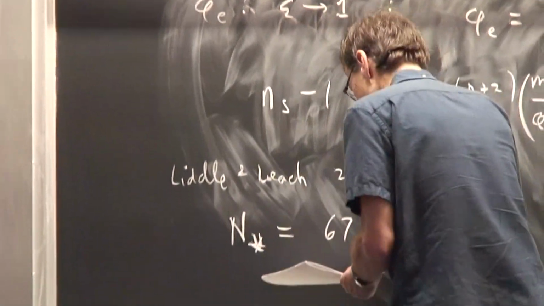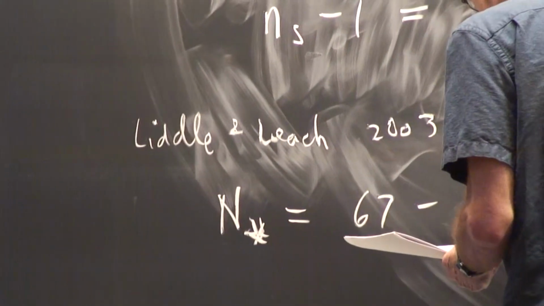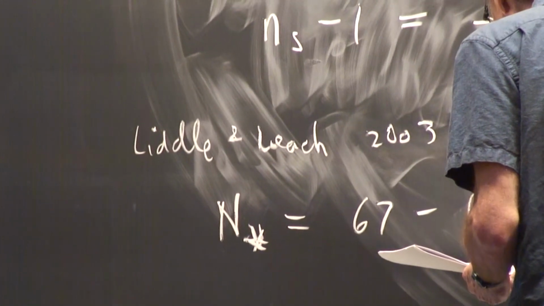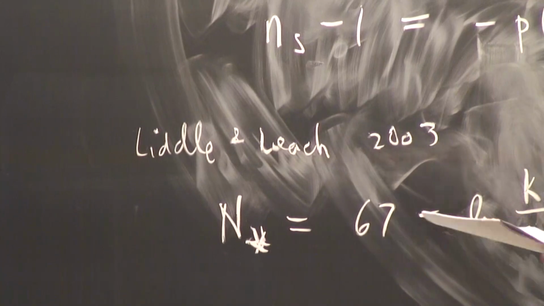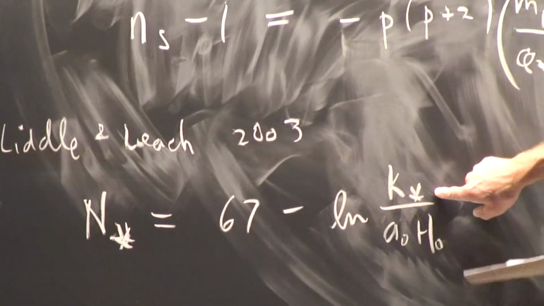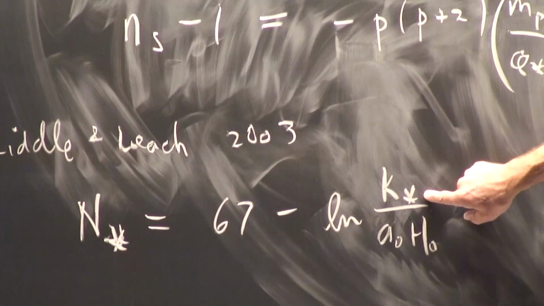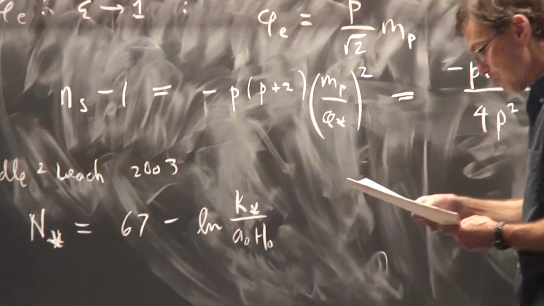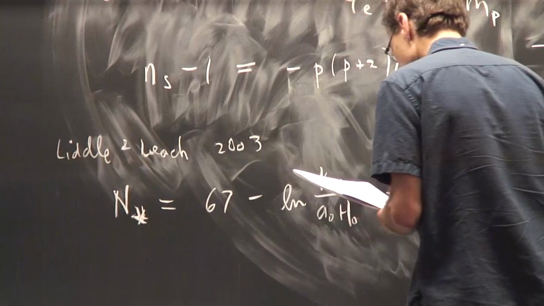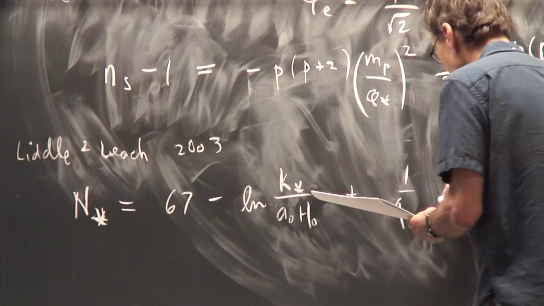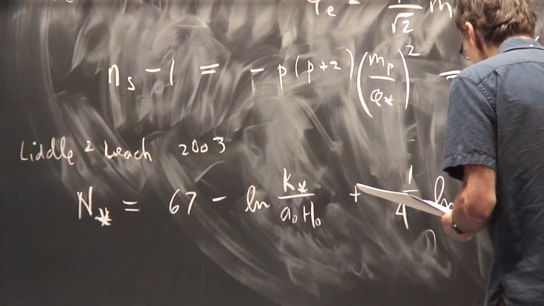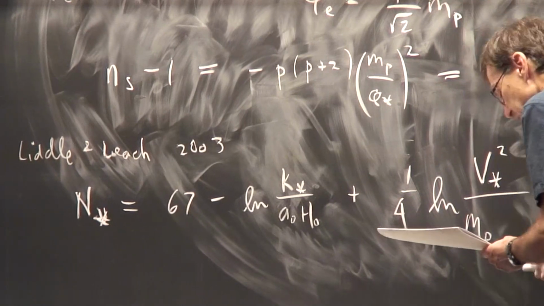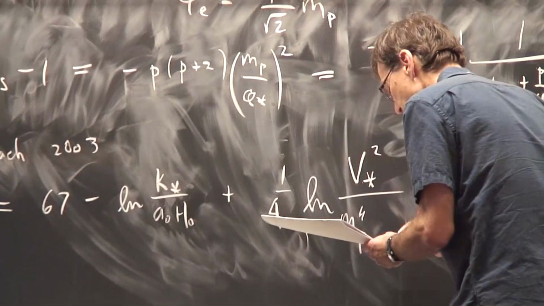So 67 minus log k star over a naught H naught. Okay, so that tells you how the choice of k star by the experimentalists will influence what number you put in here. But there's more. So there's 1/4 log V star squared, the scale of inflation at phi star.